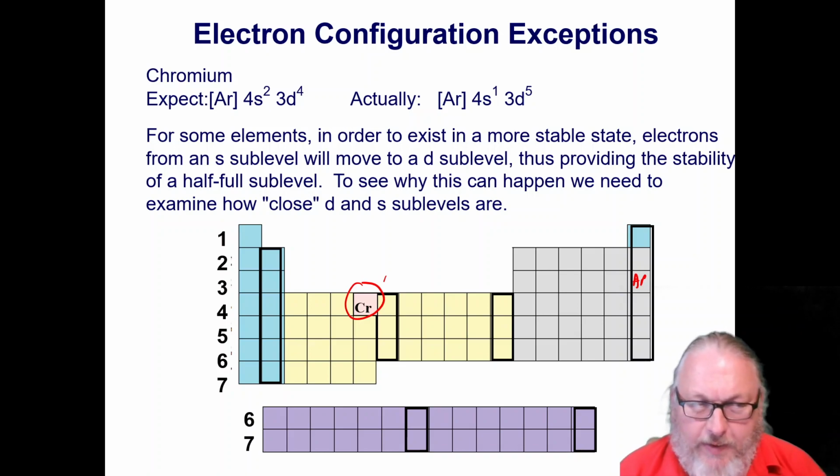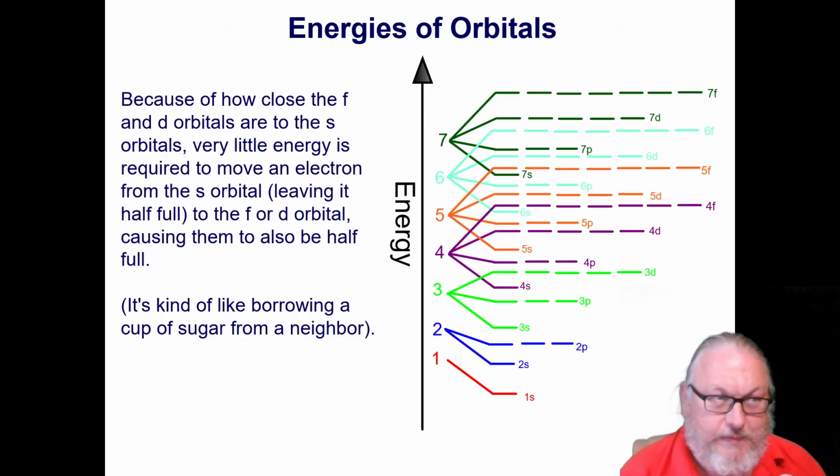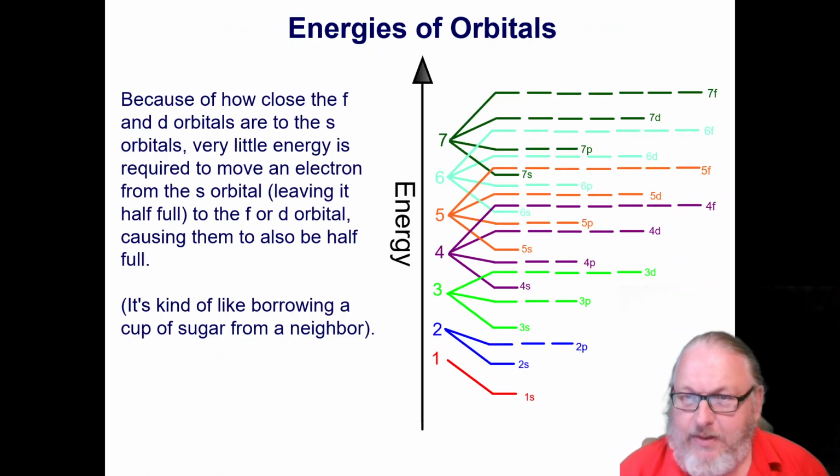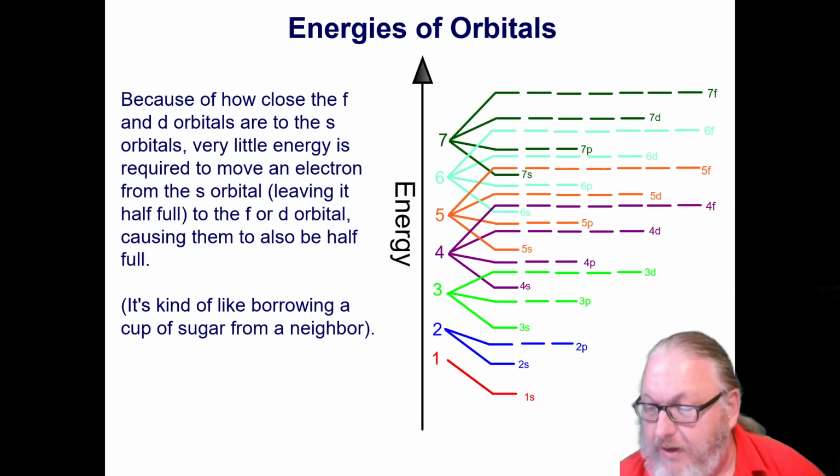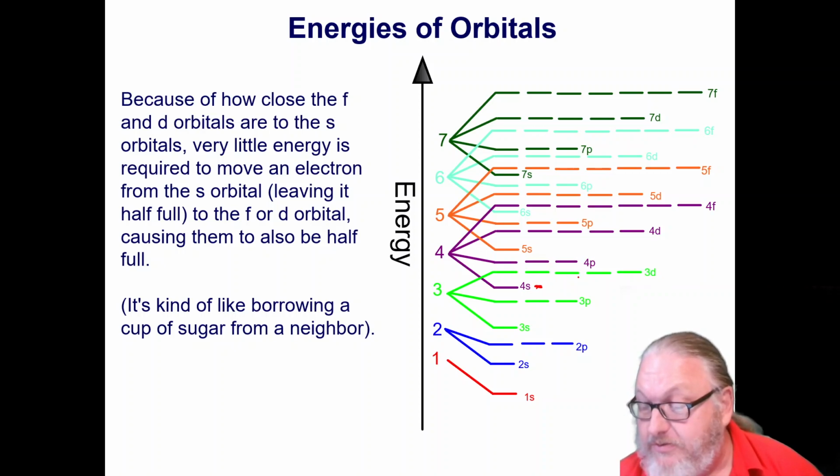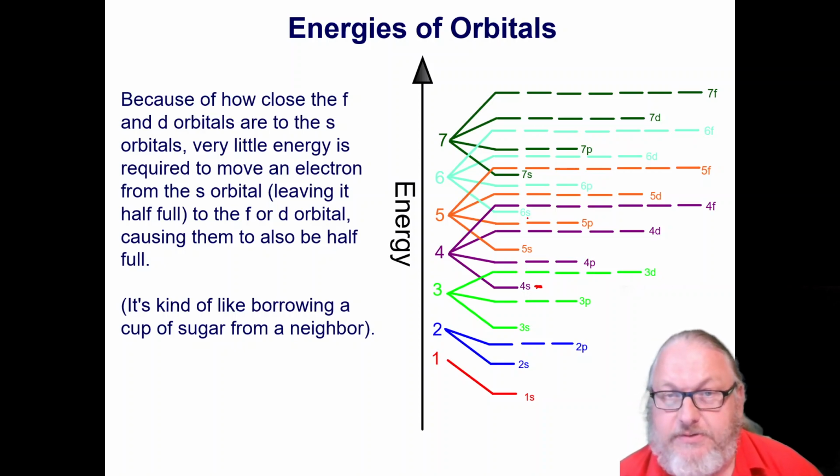Now let's think, wow, that totally goes against everything we learned, Coach Scott. Well, let's look back at our little chart. Remember this? If you look, the 4s energy level is pretty close to the 3d. If you look at how the d's and the f's are, they're pretty close.